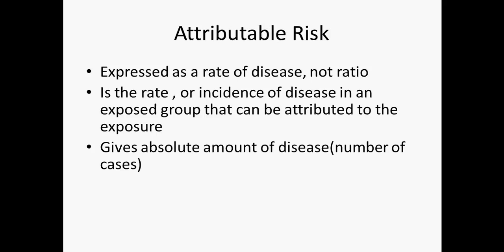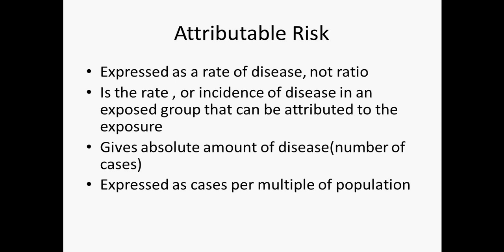So the number of cases of the disease amongst those who are exposed gives you the attributable risk, which results from the exposure. And we need to remember that it is expressed as cases per multiple of population. So going back to our basics of rates, ratios and proportions, we said that rates are expressed as multiples of the population. So we express it as per 100, per 1000, per 10,000 or 100,000 population. Because attributable risk is a rate, you need to remember that you express it in this format.